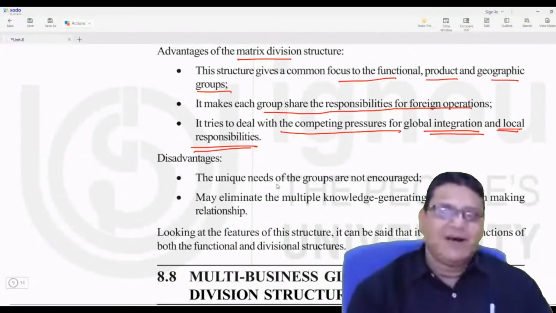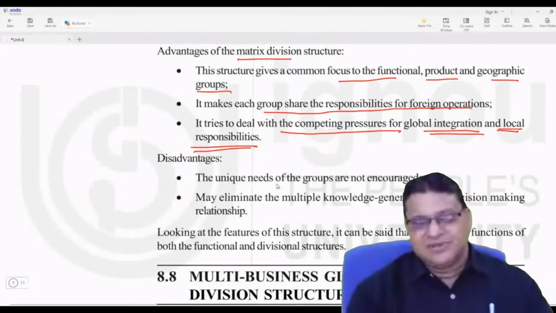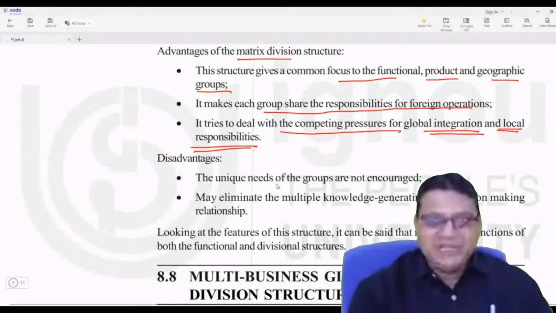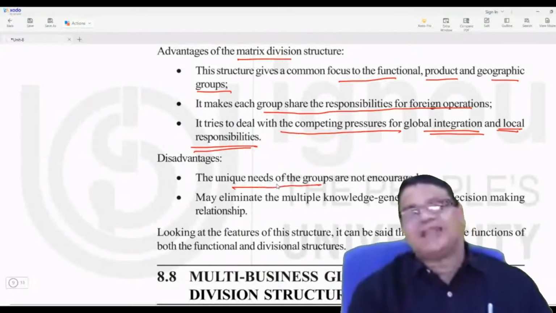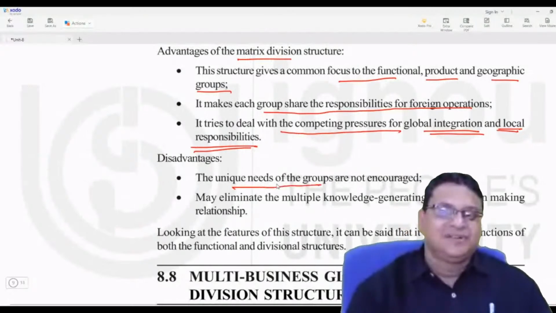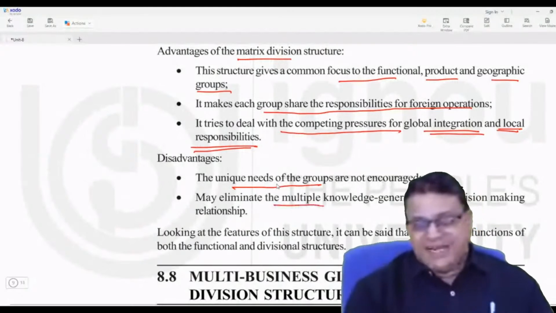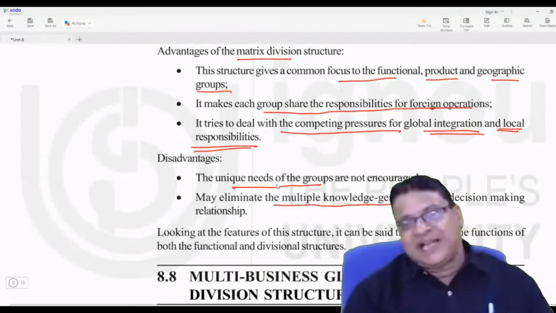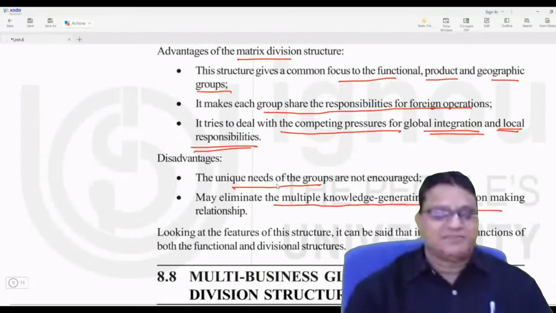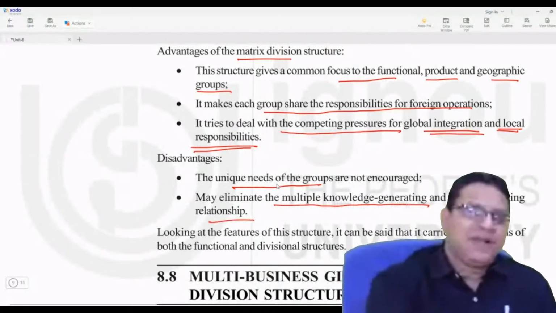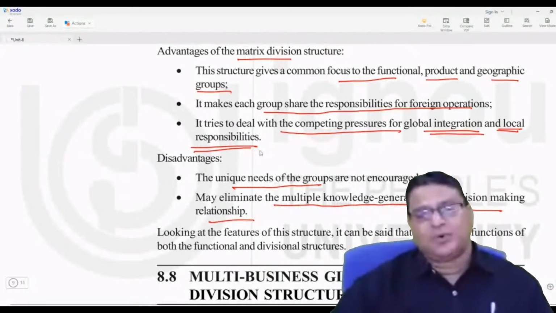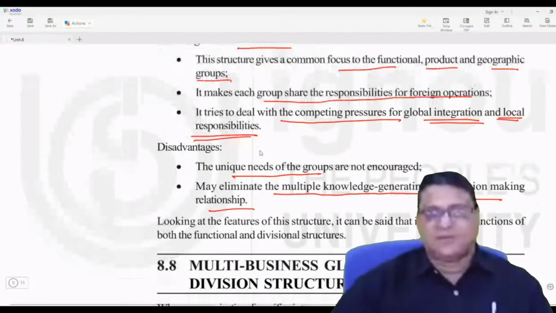What are the demerits of matrix structure? The demerits are the unique needs of the groups are not encouraged, and it may eliminate multiple knowledge generating and decision making relationships. These are important demerits of global matrix structure.